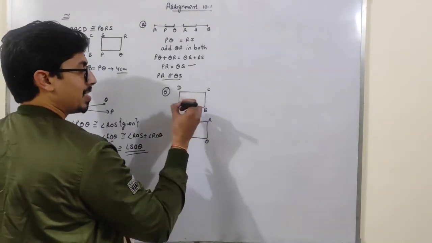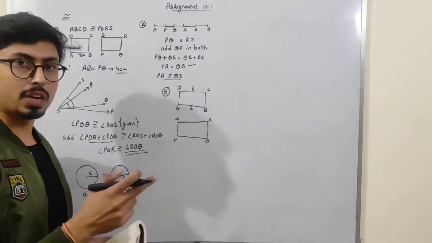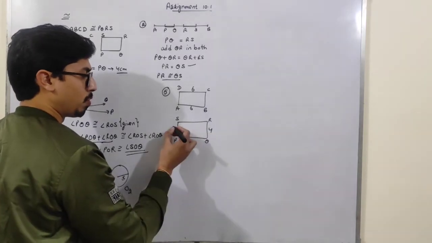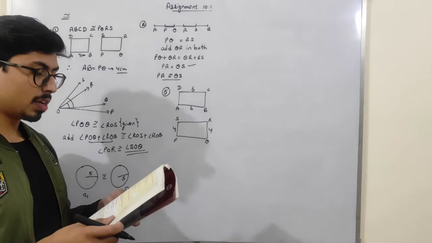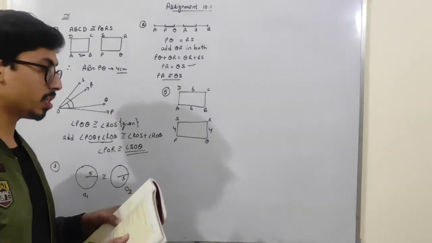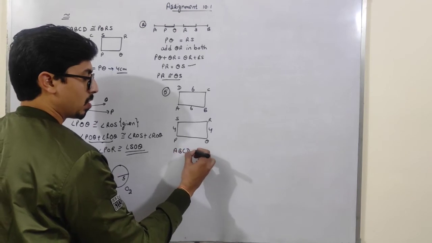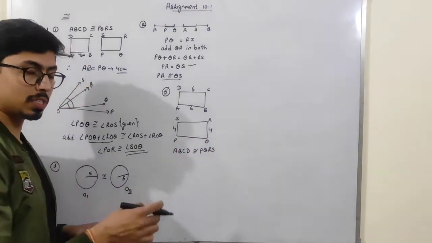Its length is 6, so this will be 6 also because in rectangle opposite sides are also equal. See, in this rectangle, this is 4, so this will be 4 also. Now, students, it is given that ABCD is congruent to PQRS.